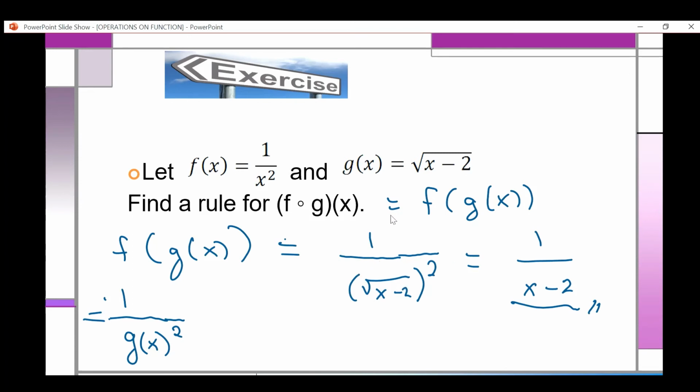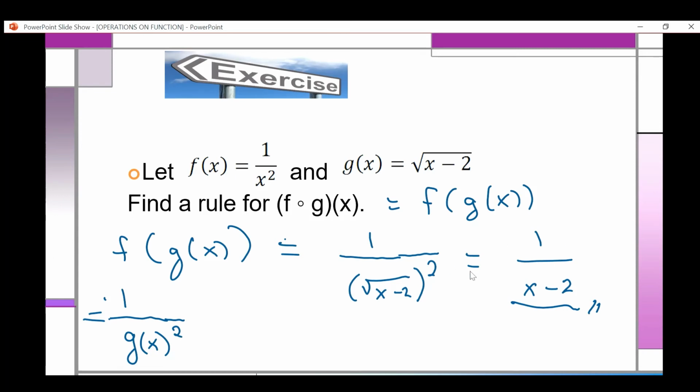Okay? So, magiging 1 over square root of x minus 2 quantity squared. So, dito, mapapansin natin, yung square root tsaka yung square, pwede na natin yung i-cancel. Okay? Kasi ito is 1 half yan, yung exponent niya, tas times 2, that's 1 na lang. So, pwedeng i-cancel.